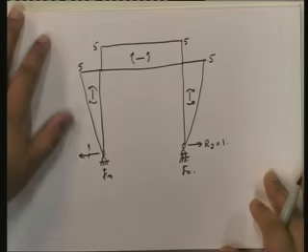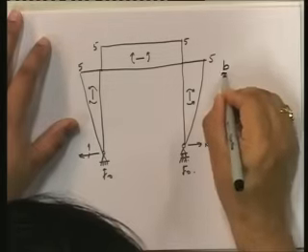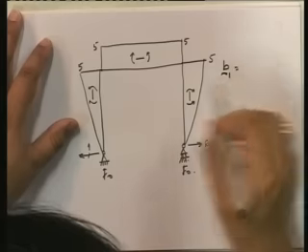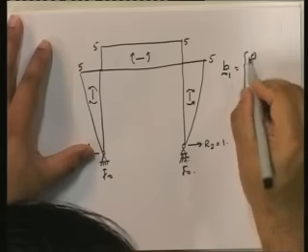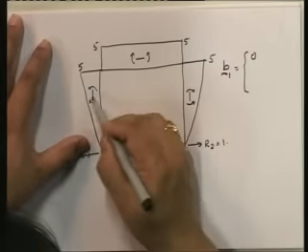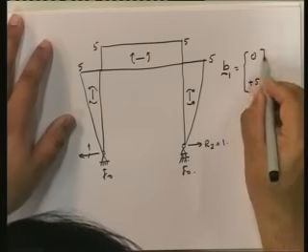This is the bending moment diagram, and therefore if you look at B1 due to R2 equal to 1, this is going to be equal to 0, and this is again anticlockwise, so it's going to be plus 5.